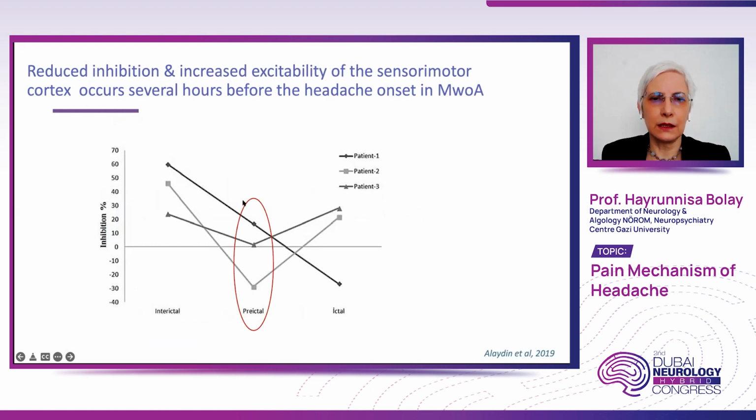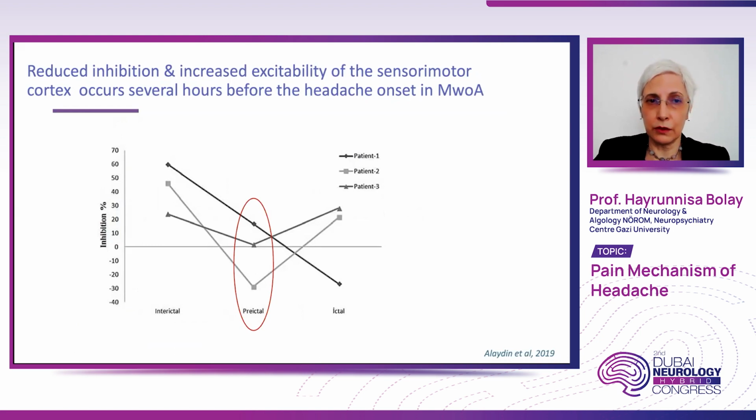You can see that the much more significant excitability, or disinhibition, occurs several hours before the onset of headache. So that means something is going on in the somatosensory cortex or thalamocortical network before the patient feels any headache.